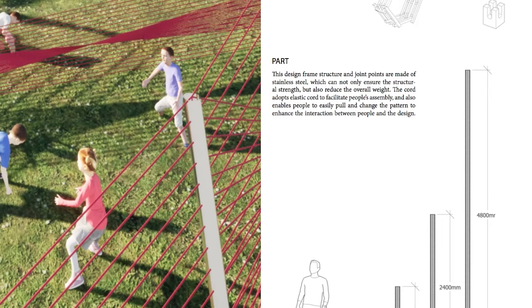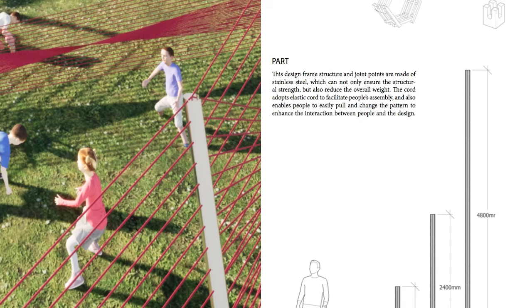In the previous design process, we explored many different joints and finally combined different connection methods to form the following joints and stick structures. The design of the overall structure needs to have sufficient strength, and the structure should be light enough so that people can easily change its shape.